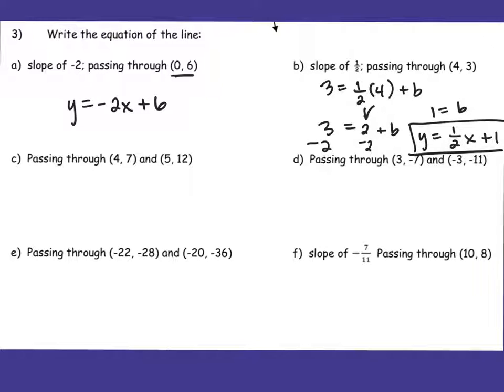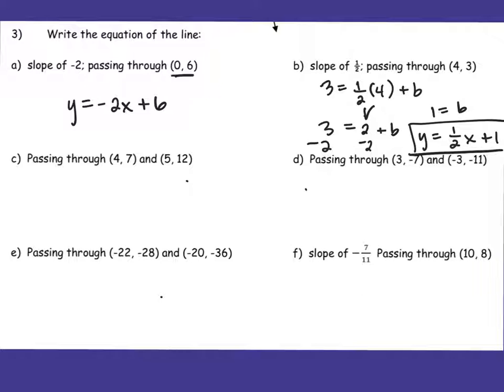In the interest of time, for C, D, and E, I'm not going to worry about doing those. You find the slope using the same equation, and then find the y-intercept. On part F, we have come into an issue because -7/11 is a rather unpleasant fraction to deal with.